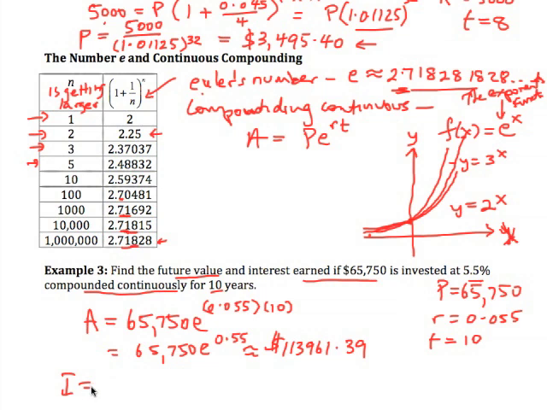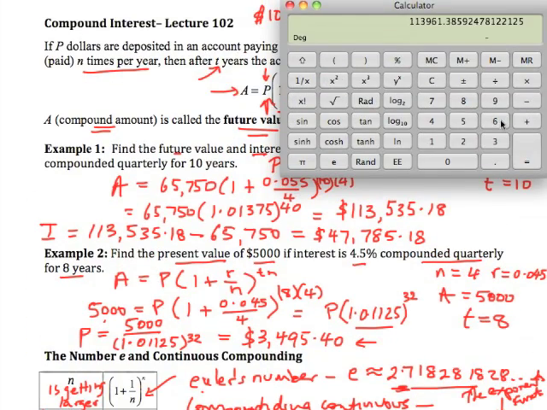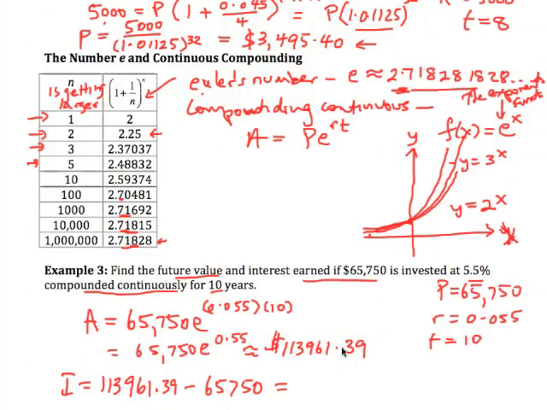So the interest is going to be 113,961.39 minus the 65,750, and that's going to come out to be $48,211.39.